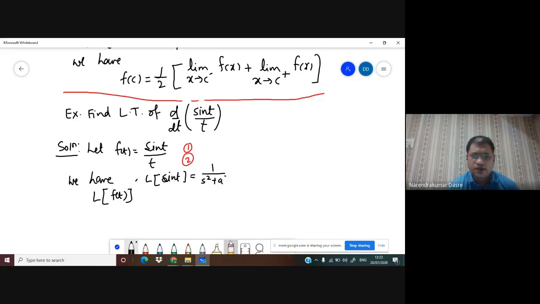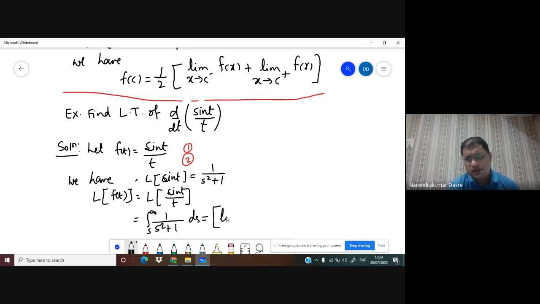Here a is 1, so you can directly write 1, and this equals the Laplace transform of sin t upon t. So this is equal to the integral from s to infinity of 1 upon s square plus 1, ds.